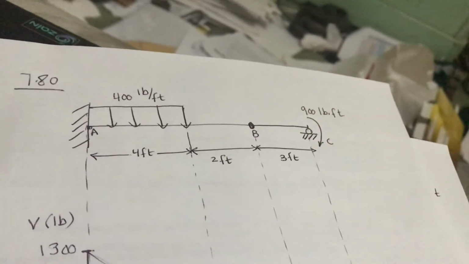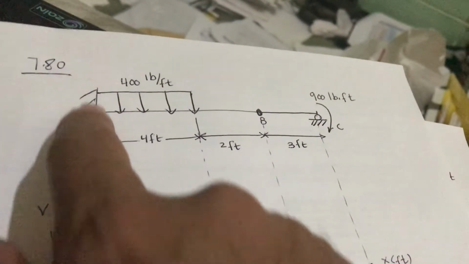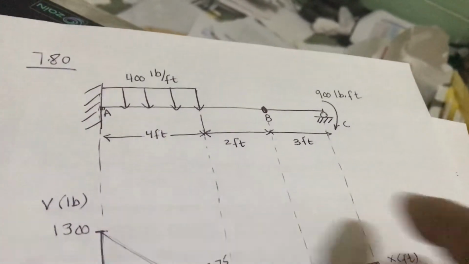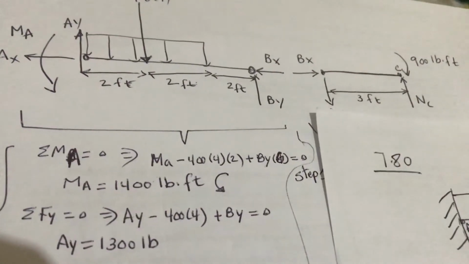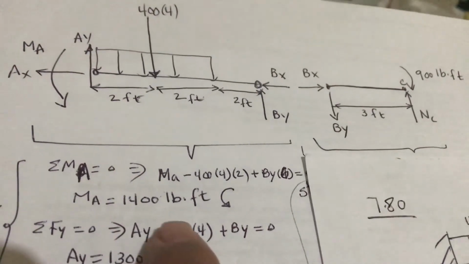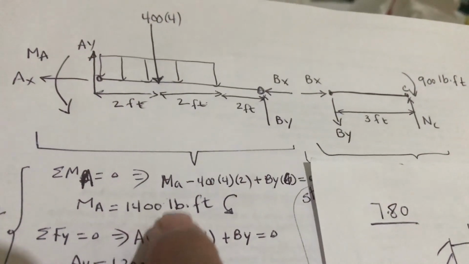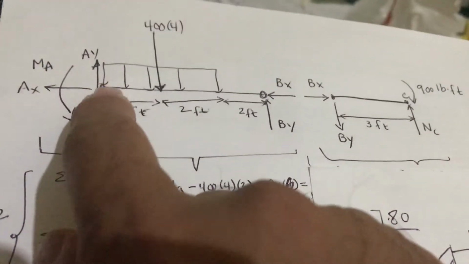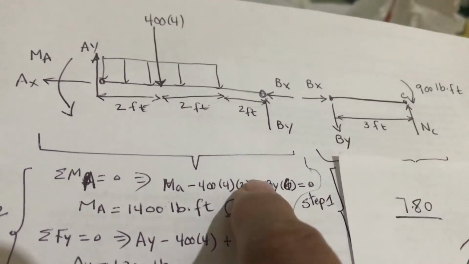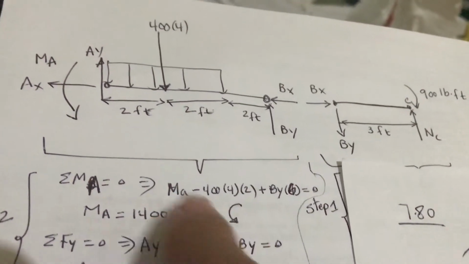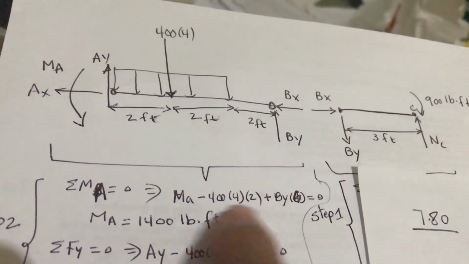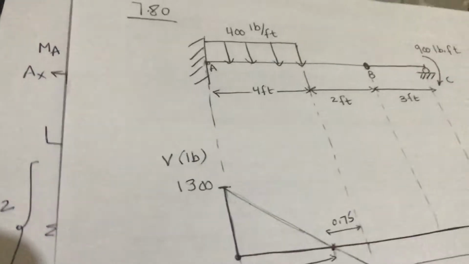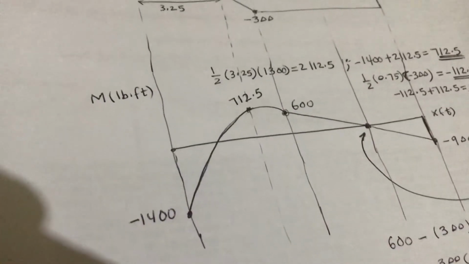And remember, here there was a moment originally, the moment at A. What is the moment at A that was given here? Aha, look at this. That's 1,400 pound-feet. So you have to start with a moment here. This reaction is negative. I know it's counterclockwise, but here you should make it negative. So the moment 1,400, we got it from here.